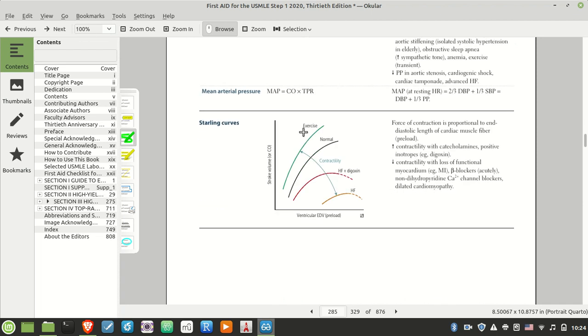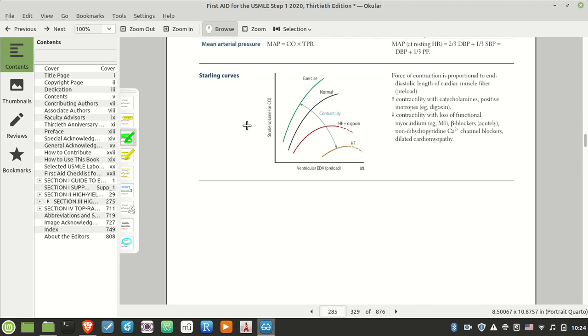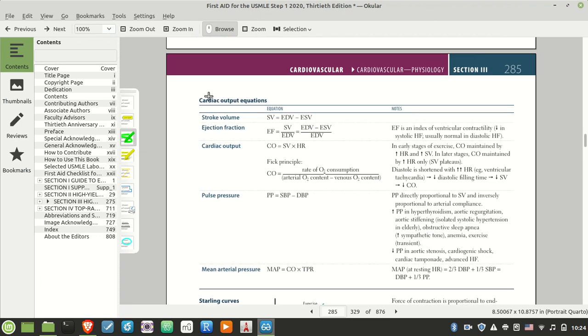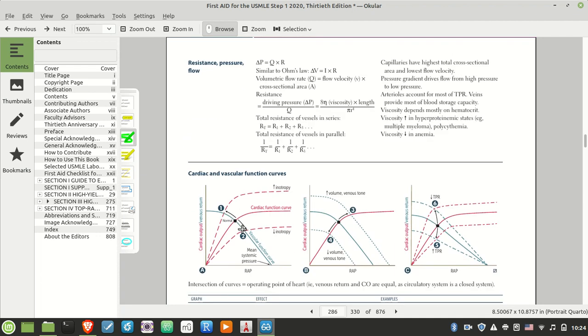Okay, here's the big thing, the Starling curves. This is going to be the big thing for this page, along with some of these things. But this is stroke volume, ejection fraction, cardiac output, pulse pressure. These things all build on each other, so you can't point to one thing as being more important than anything else. But these Starling curves you're going to keep seeing over and over again.